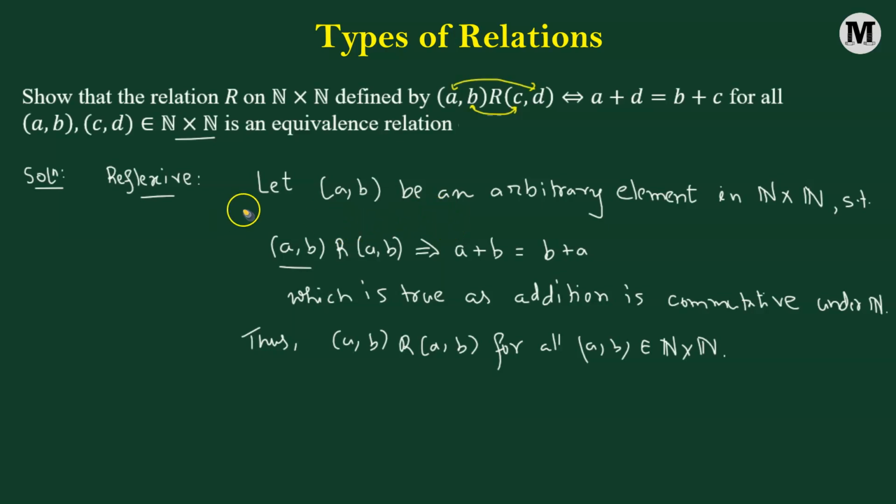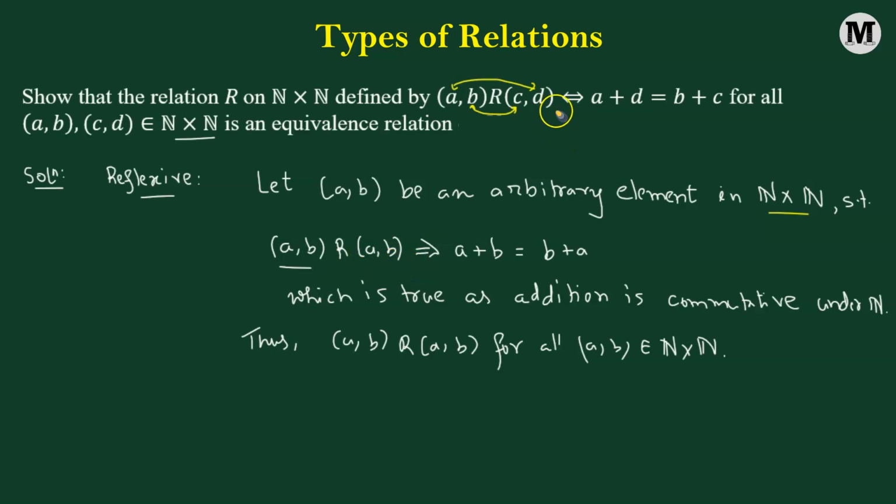However, to show that it is reflexive, we need to show that if we consider the element (A, B), which is an arbitrary element in the Cartesian product of N with itself, then the ordered pair (A, B) is related to (A, B). That is what we had to show.